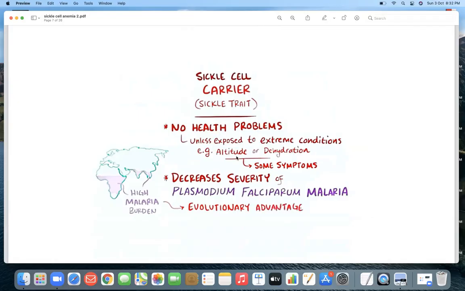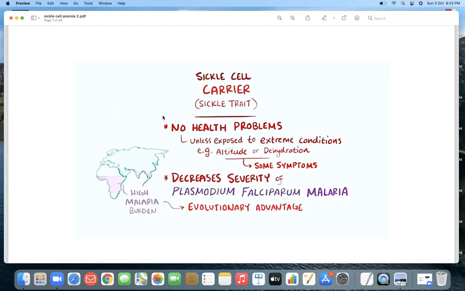So altitude will cause hypoxia, and dehydration will also precipitate the problem. So with sickle cell trait, usually they will be normal unless they are exposed to extreme conditions. And it decreases the severity of Plasmodium falciparum malaria. Okay, this is for the trait.